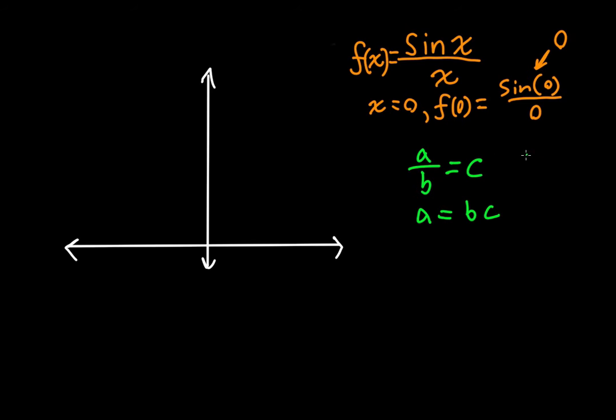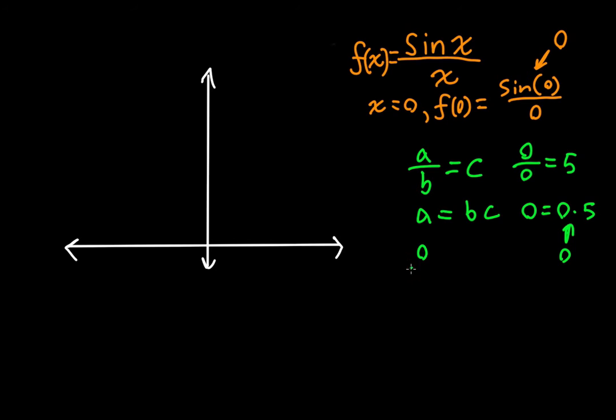So what if we take 0 over 0? We take 0 divided by 0 is equal to, I don't know, 5. Why not? Then that would mean that 0, A, is equal to B, which is also 0, times 5, which is 0. That's true. That would be true if we chose any value, right?